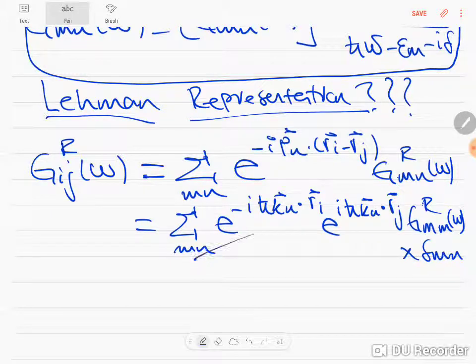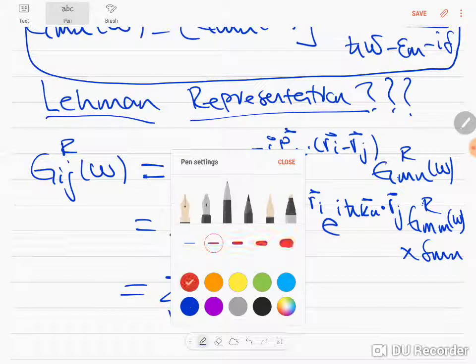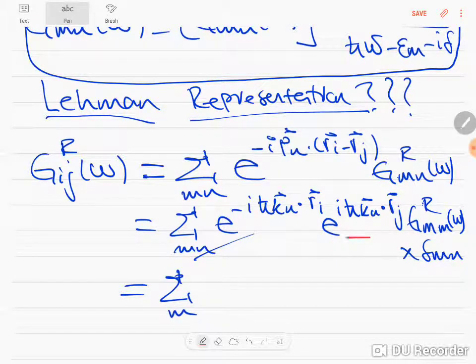So then one of these indices goes away, and I write the summation over m. In quantum mechanics, these plane wave coefficients can be written in terms of bra and ket in the following way.